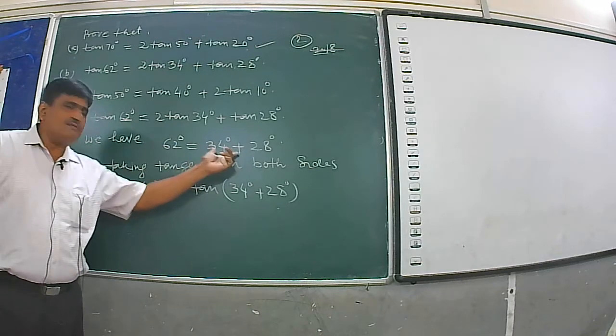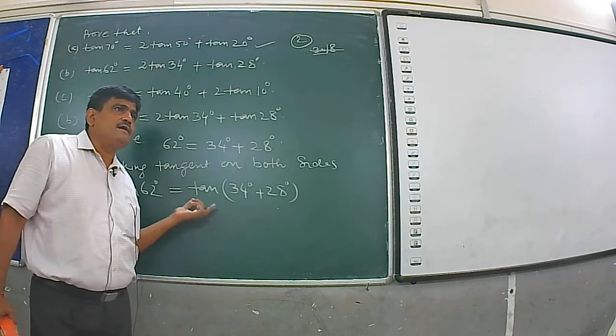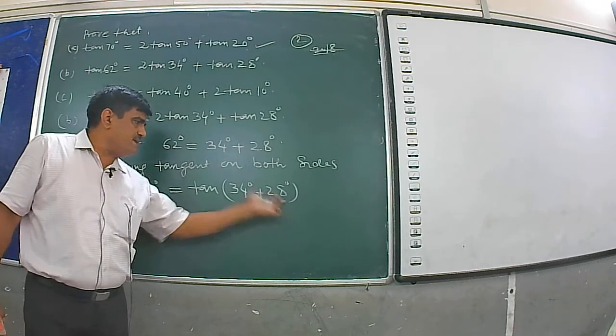Apply the tangent on both sides. On the right hand side, tan(A plus B).